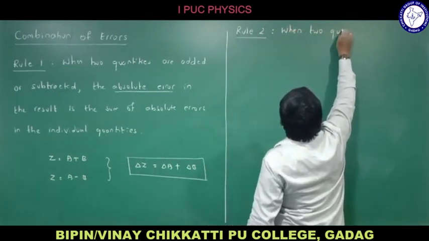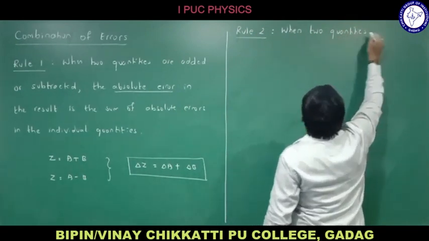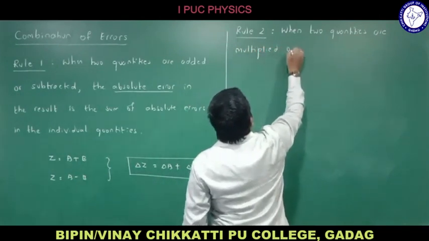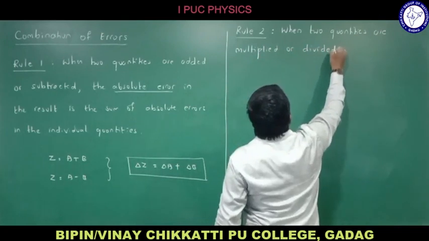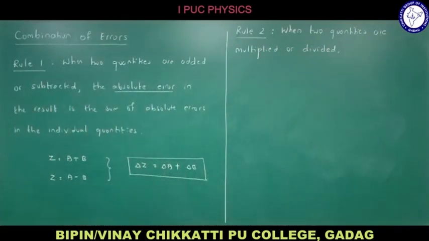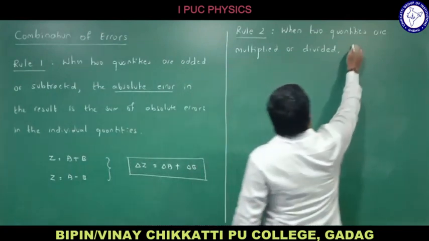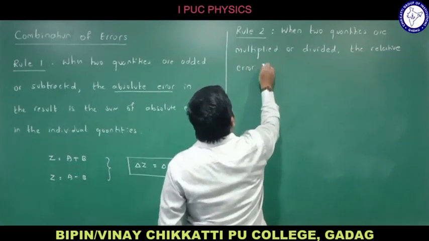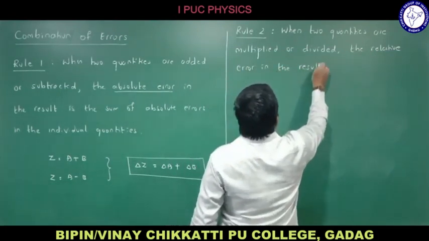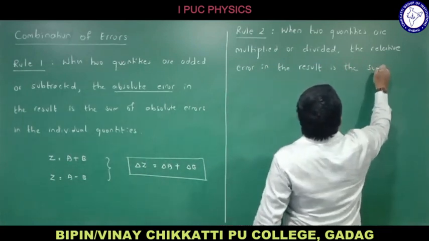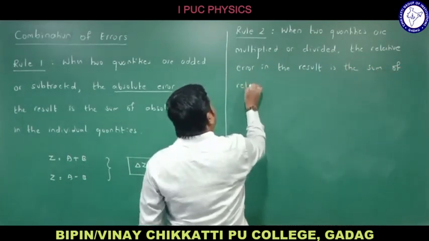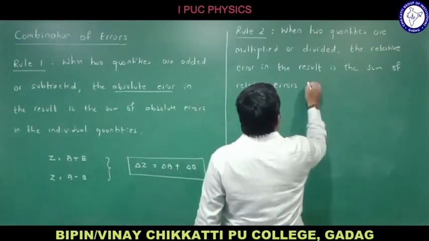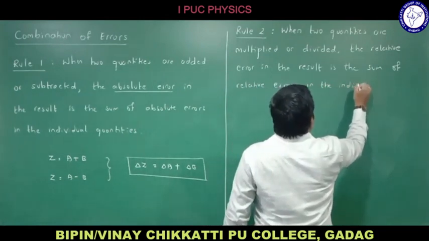When two quantities are multiplied or divided here, when you are multiplying and dividing, the relative error in the final result is the sum of relative errors in the individual quantities.